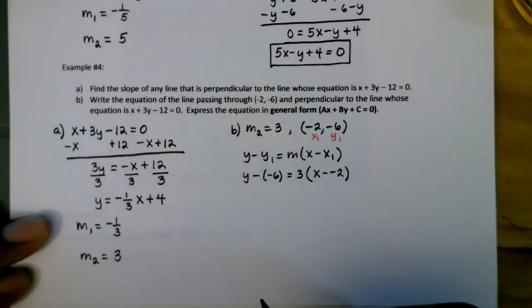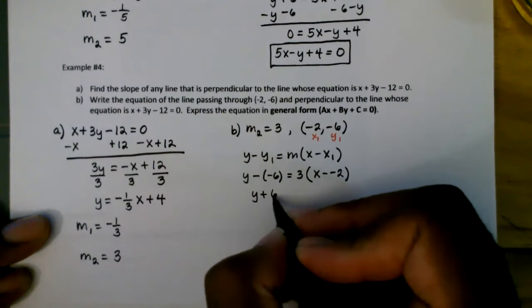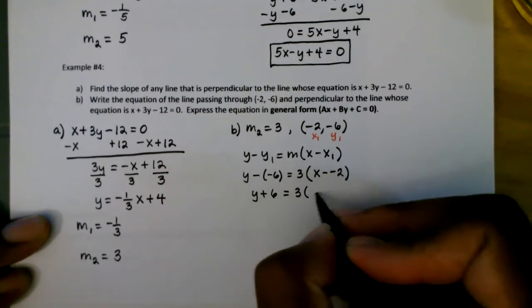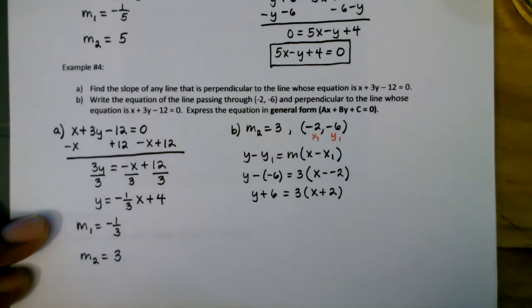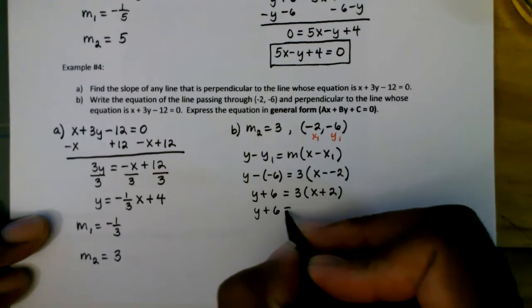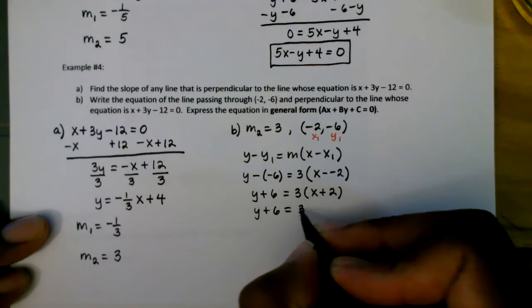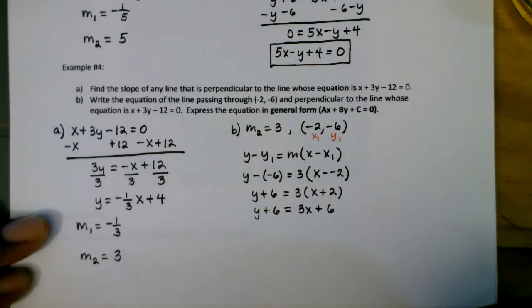So y minus a -6, that's the same as y plus 6, equal to 3 times x minus a -2, which would be x plus 2. On the right side, I'll use the distributive property. So if I bring down the y plus 6, that's equal to 3 times x, that's 3x, plus 3 times 2, which is 6.